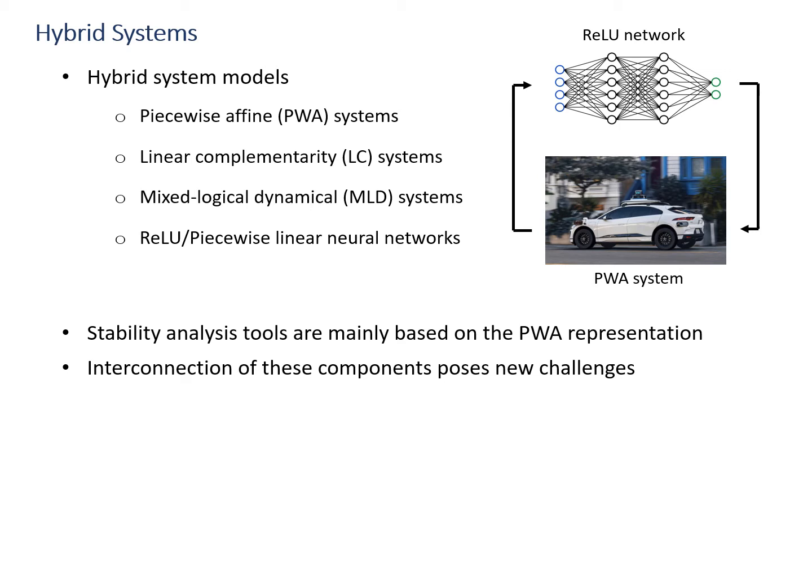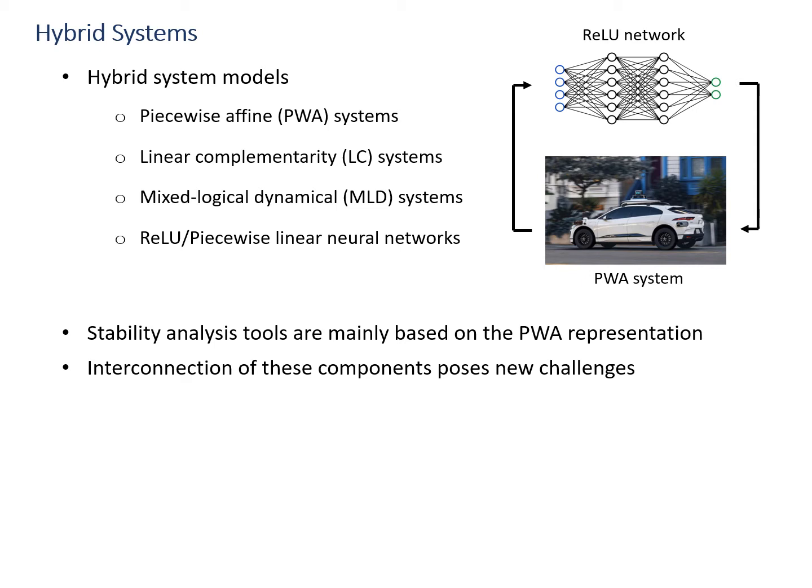To apply such tools, we necessarily have to first identify the piecewise affine representation of the ReLU network and of the closed-loop dynamics. Although a ReLU network is essentially a piecewise affine function, finding its explicit piecewise affine representation can be tedious or even intractable as its width or depth increases.